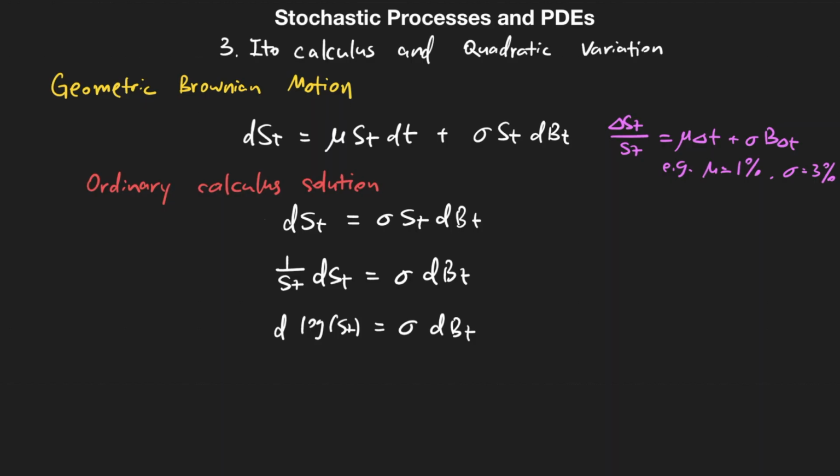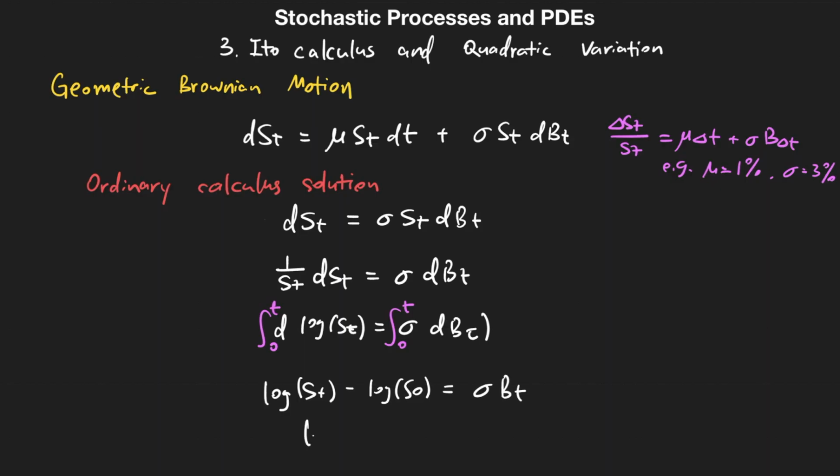Then we can integrate both sides. Let's say that the bound of the integral goes from 0 to t, and maybe I should replace the t inside as a dummy variable. Let me replace that with tau. And then we'll have log S_t minus log S_0 equals sigma times B_t.